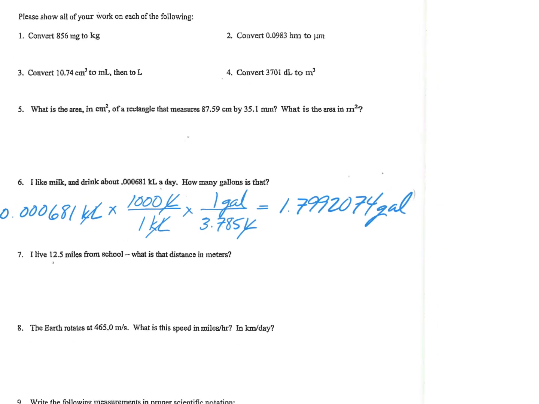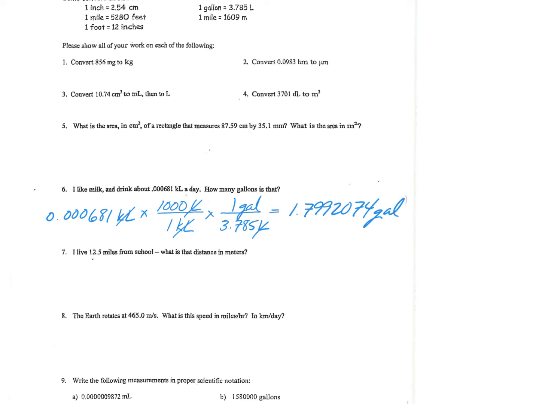Okay? I'm doing this on purpose to show you that I don't like that answer. I'm going to write this answer in 3 significant figures. All right, I changed this answer to my answer in 3 significant figures. Now, if you look at the answer that my calculator gave, I've got 1.7992, okay?